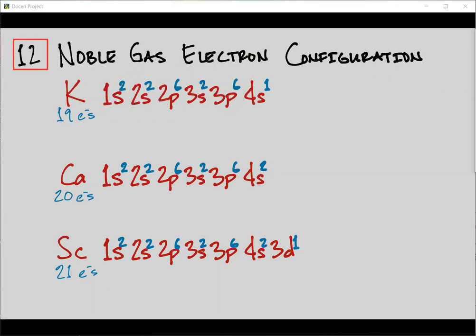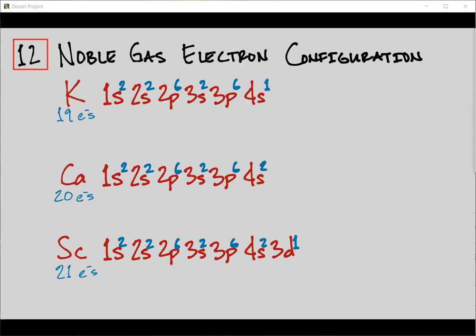So whenever you're writing the noble gas electron configuration, your starting point is always the preceding noble gas. So for potassium, calcium, and scandium, they all have the same preceding noble gas, which is argon.